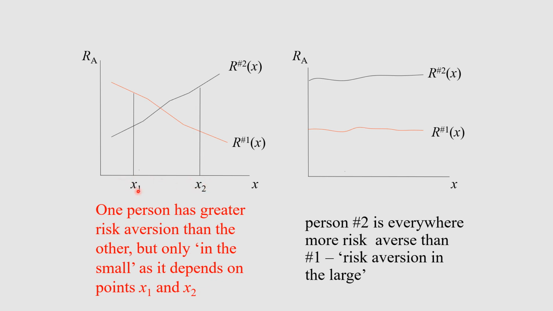So at x1, a low level of income, person number 1 has greater risk aversion than person number 2, but at a higher income, person number 2 is more risk averse than person number 1. In the case on the right, person number 2 is everywhere more risk averse than person number 1, and we call that risk aversion in the large.